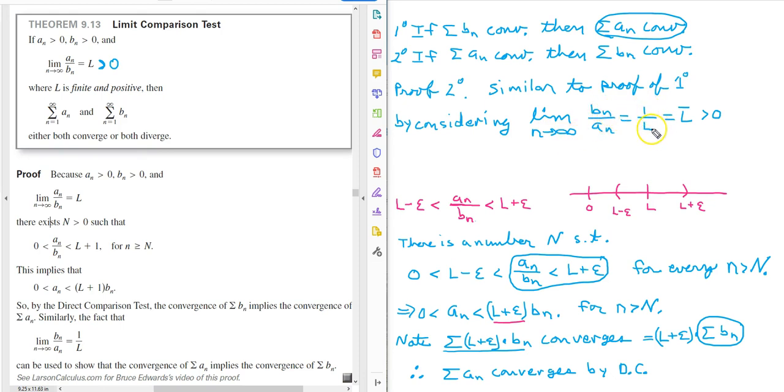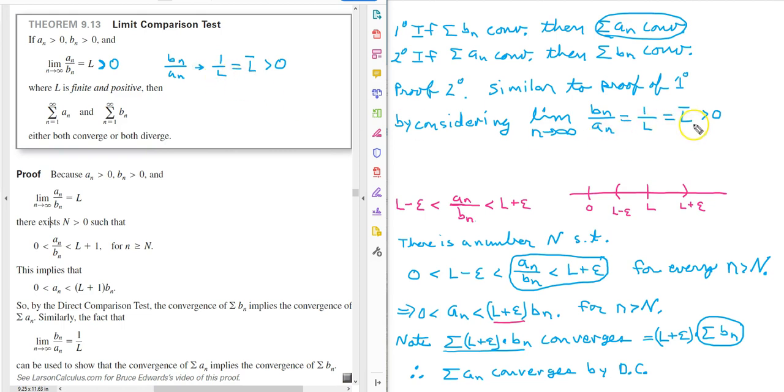Now that's going to be 1 over L, because if the limit of An over Bn is L, then the limit of Bn over An will be 1 over L. Well, that's going to be some other number, call it L bar, which is positive also. If L is positive, then so is 1 over L.